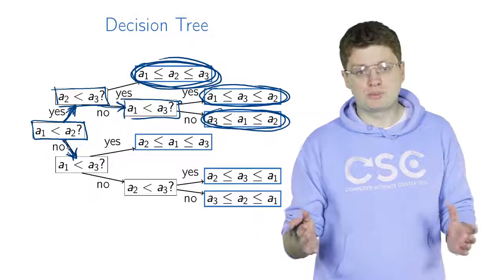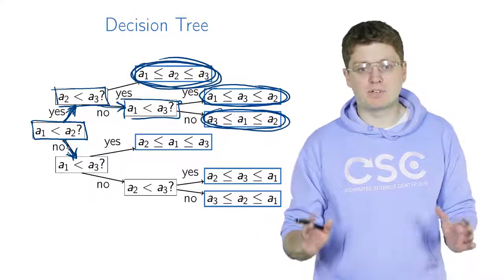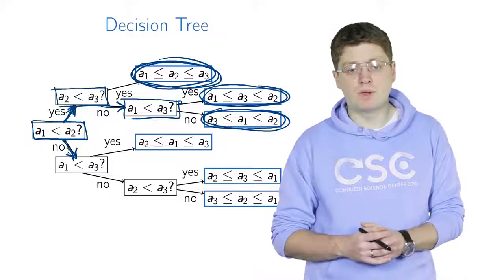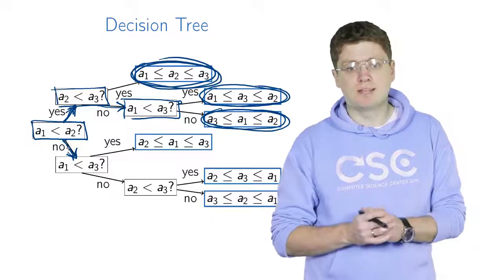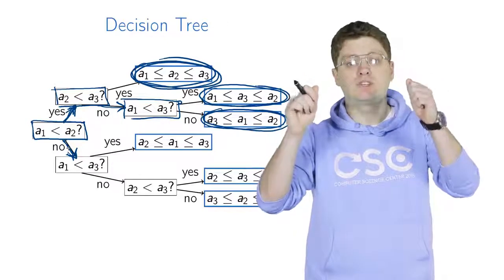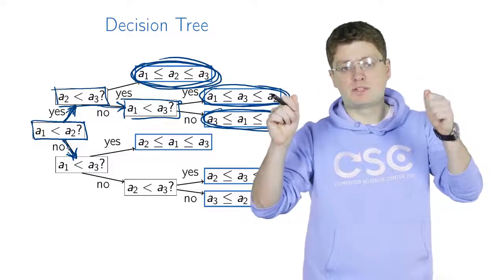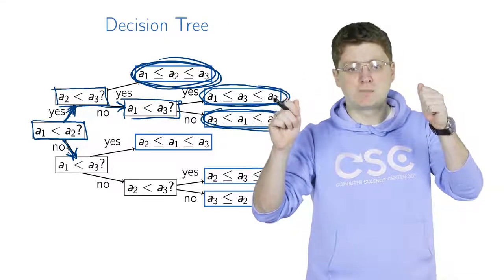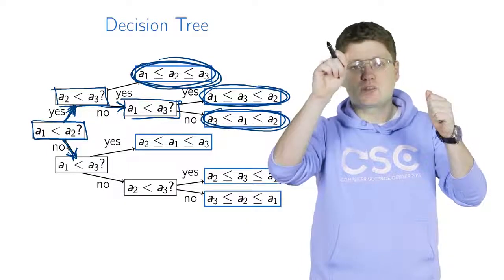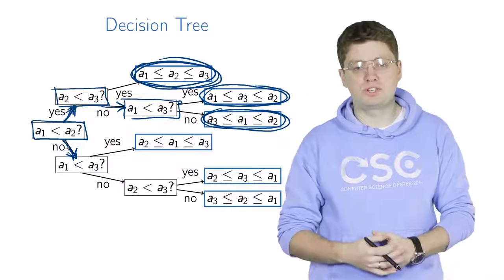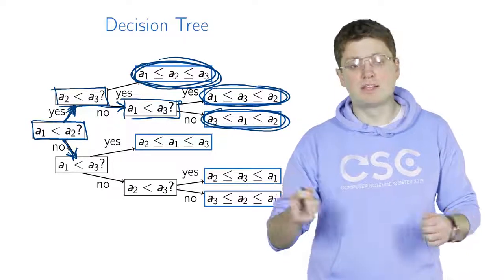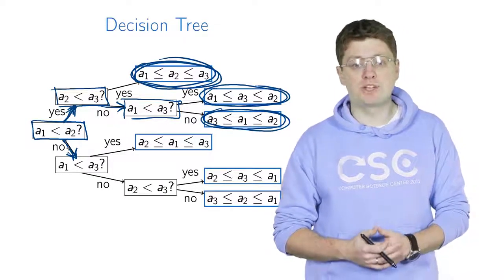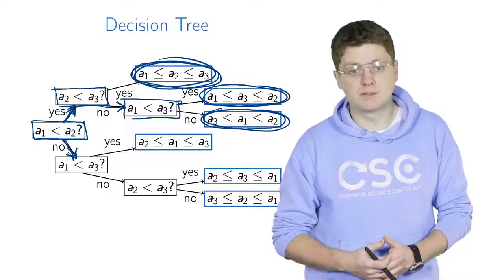However, such a huge tree can be drawn for any comparison-based algorithm. At the root of this tree, we have the first comparison. At its children, we label the next comparison that is made based on the result of the first comparison, and so on. So each internal node is labeled with some comparison, and each leaf is labeled with a permutation of n input objects.